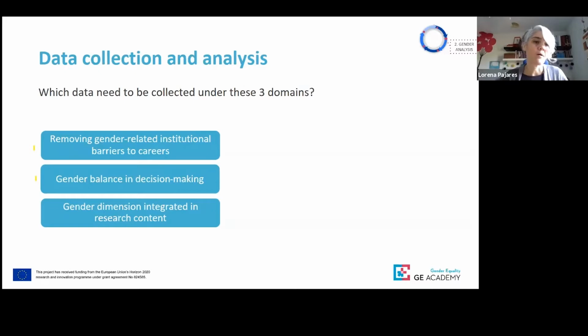Okay, it's these three, but of course, these three domains can be broken down into other specific areas. And then we also have some cross-cutting issues that we should not forget about, like, for example, working on gender stereotypes or working on sexual and sexist harassment, which would be, as I was saying, cross-cutting, okay?